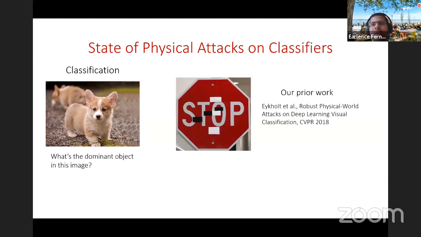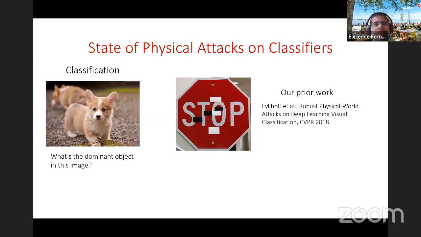More recent work introduced the notion of physical adversarial examples, and a lot of this early work was done in the context of classifiers. Here I'm showing you an example of our prior work that appeared at CVPR some years ago. Here the idea is that the attacker can manipulate a physical object, in our case stickers on stop signs.